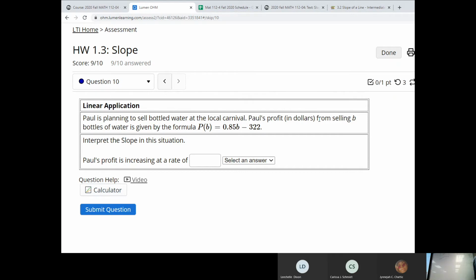So this one they have select an answer. Let's see what they have for the selection. What are the units? His profit is increasing at the rate of, oh, I happened to pick the right one, dollars per bottle. So bottle is the x-axis, dollars is the profit amount, or the y-axis, and it's increasing at the rate of 0.85 dollars per bottle.